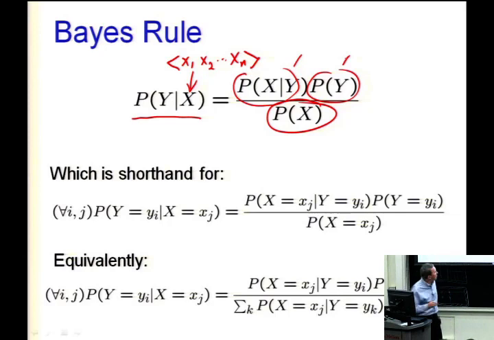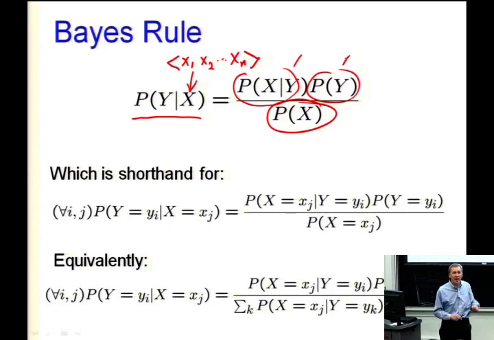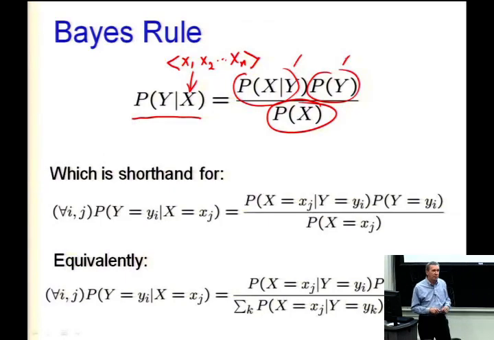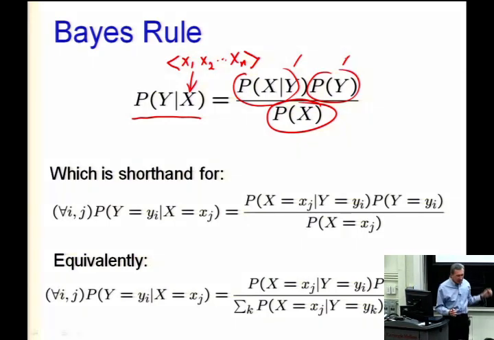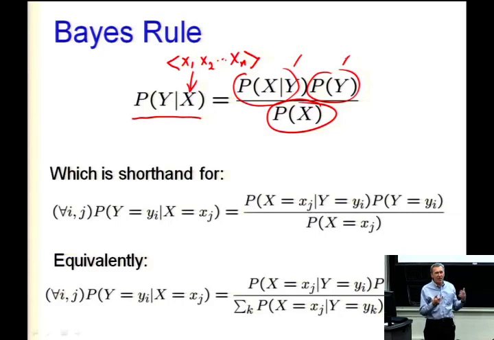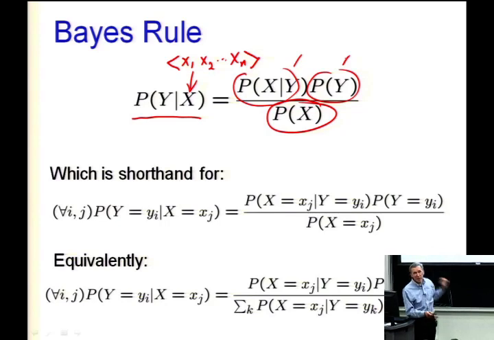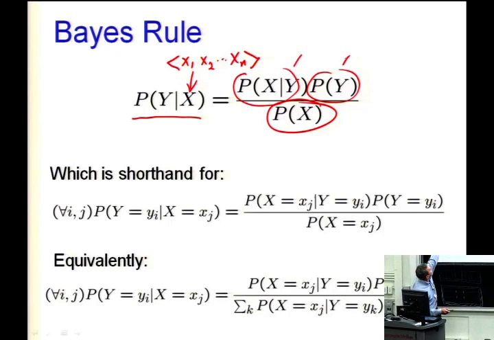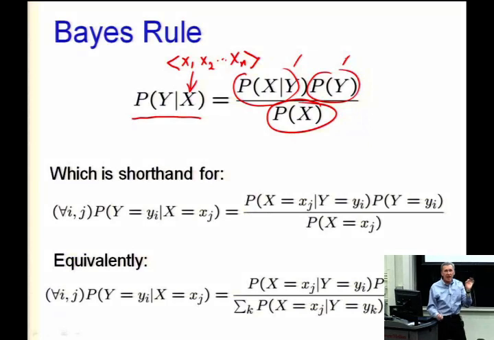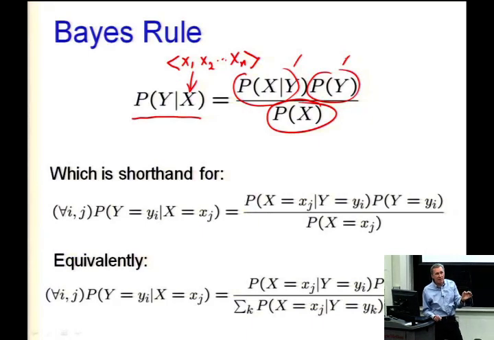I also put on this slide the answer to a question that somebody asked after last class. The question was, what do we really mean when we say P of this random variable, and when we write that kind of expression for Bayes' rule? What we really mean is that the top expression is shorthand for this expression. If you recall, the uppercase letters refer to random variables, and those random variables can take on different values.